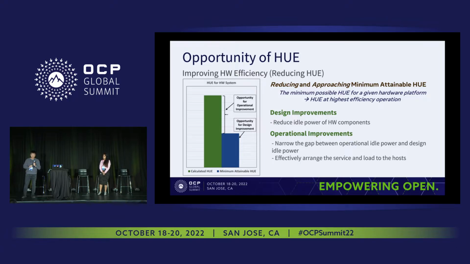If we want to reduce HUE overall, we have two ways. One is trying to reduce the minimum attainable HUE by design improvements. This requires us to leverage hardware techniques to reduce the idle power of the hardware components. It can provide guidance for next generation hardware design.